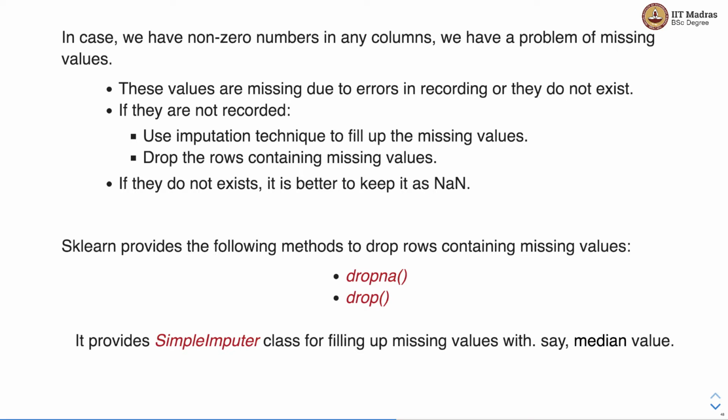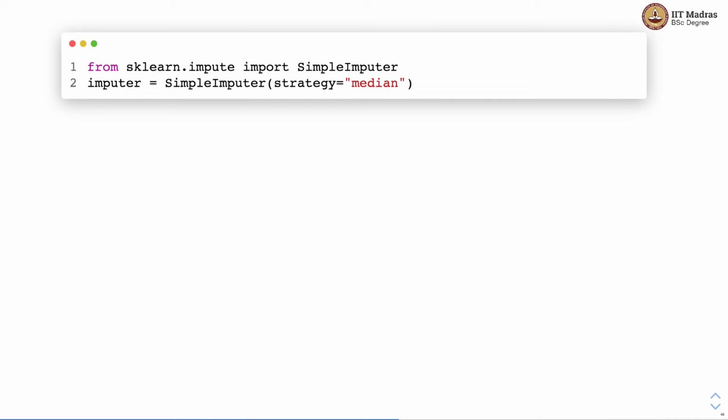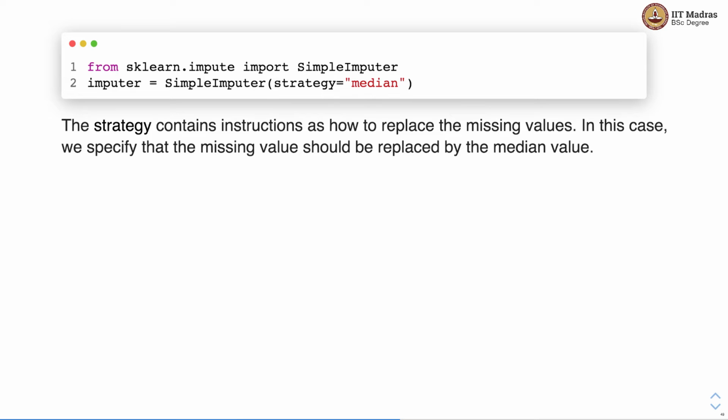These missing values can be filled up with, let's say, the median value or average value or maybe the lowest value or highest value, depending on the feature and the context. In this case, we import the SimpleImputer class from scikit-learn and we apply the median strategy for filling up the missing values. Every missing value will be replaced by the median of that particular feature.